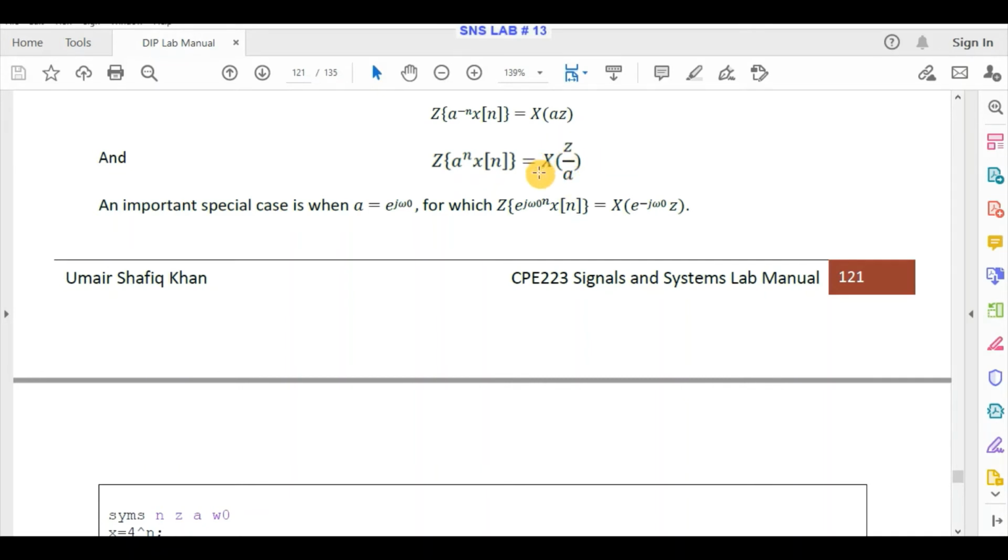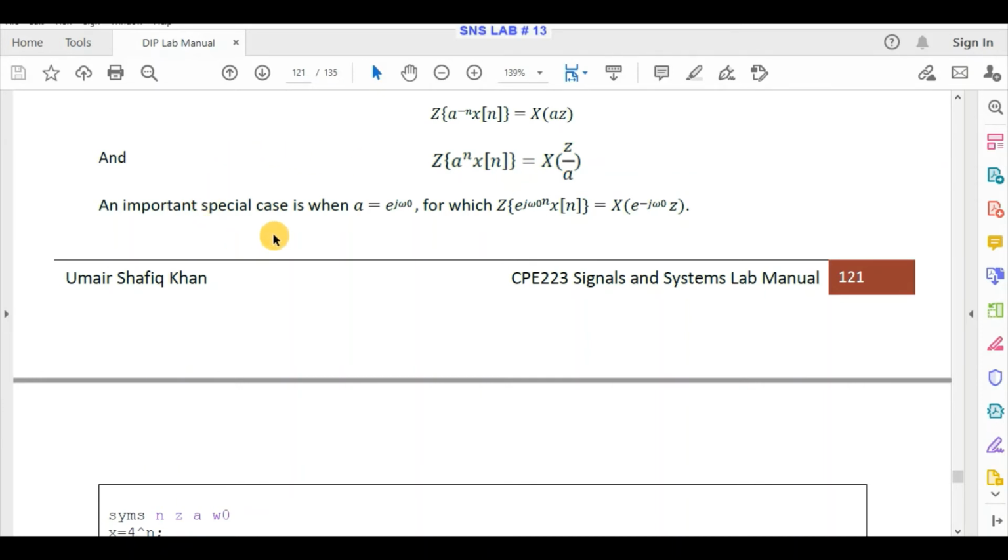it will be equal to this left hand side, which is actually x of n multiplied by a of n, and after computing this expression we will perform the z transform of this signal by using the ztrans function, and both sides should be equal.